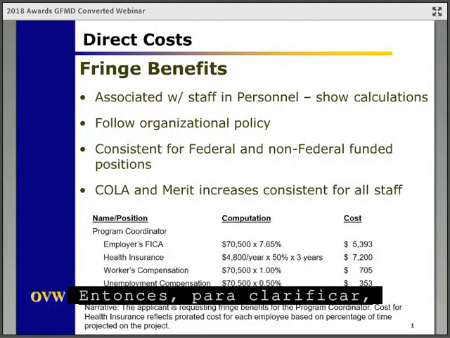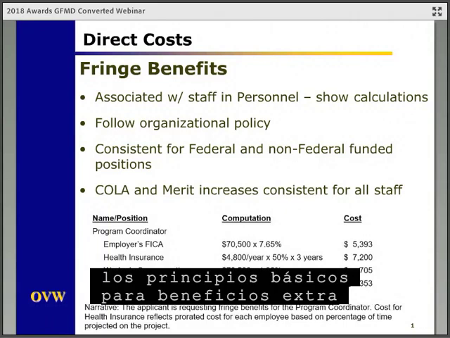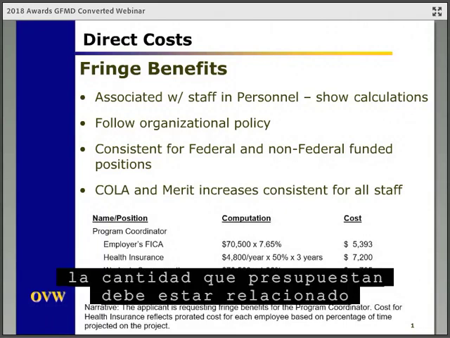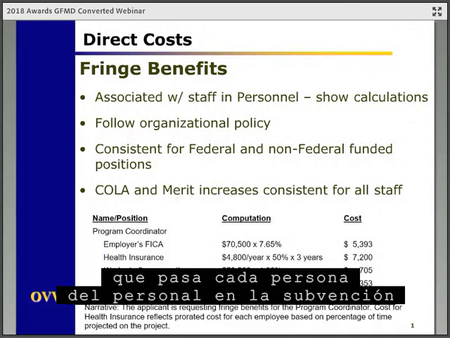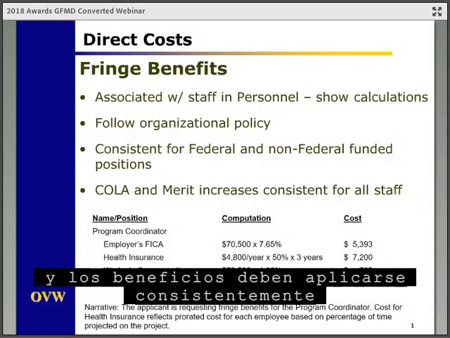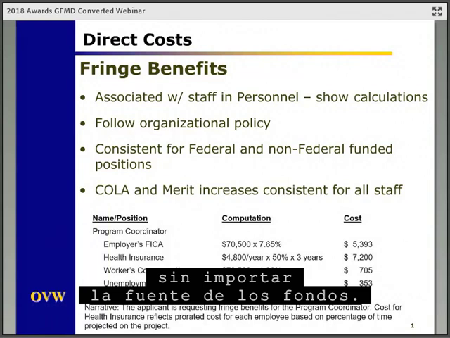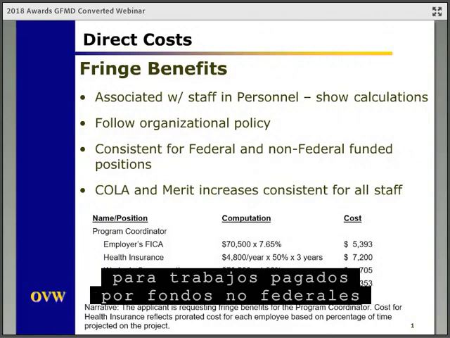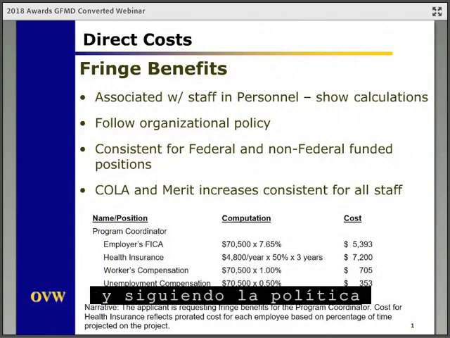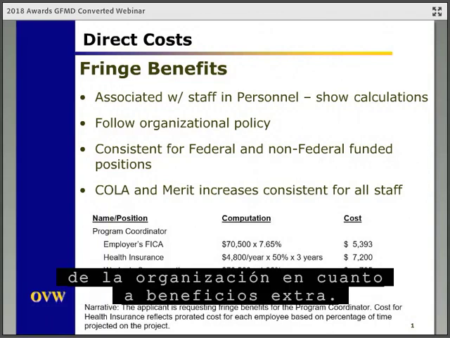So to clarify, the basic principles for fringe benefits is that the amount you budget should be related to each staff person's percentage of time on the grant, and that the benefits are consistently applied regardless of the funding source. So you would include the same benefits under this award as you would for non-federal funded work and follow your organization's policy for fringe benefits.